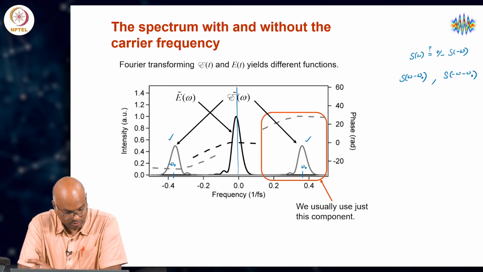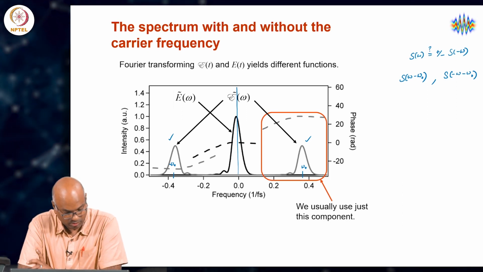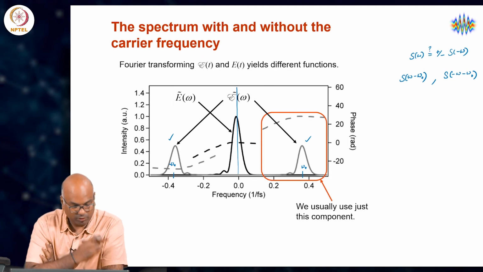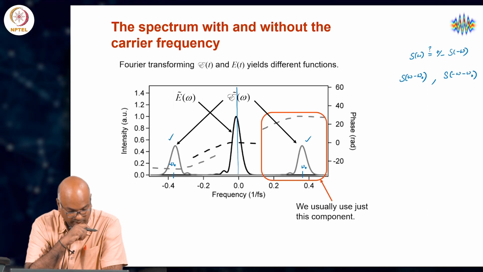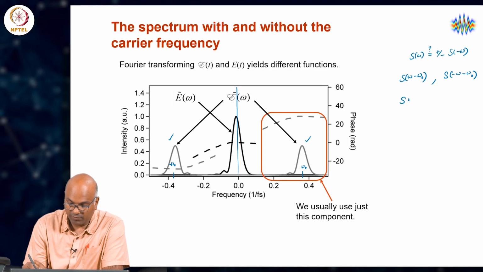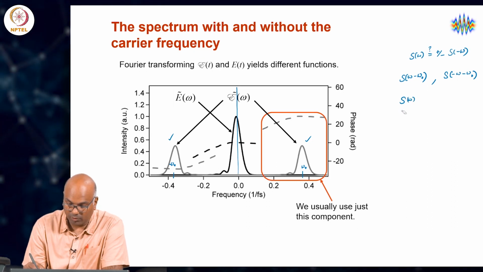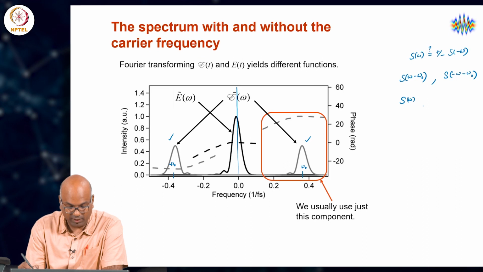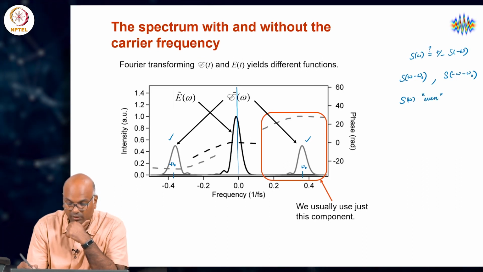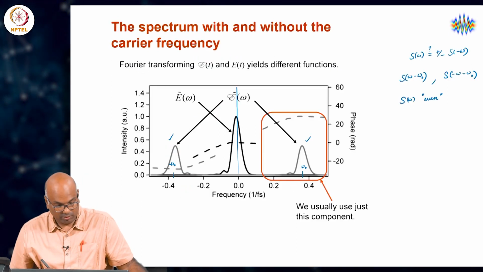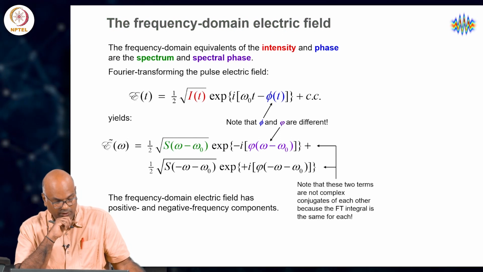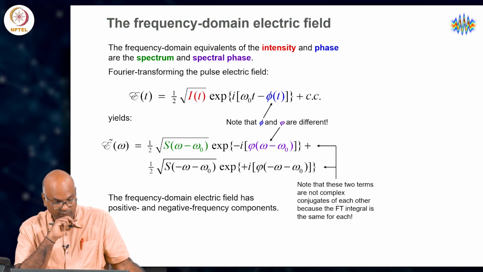And so from the looks of it, it looks like this total S function from all the way from minus infinity to infinity seems to be even the way we have defined it, right? S of omega, the way we have defined it.